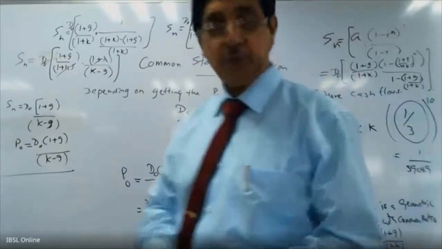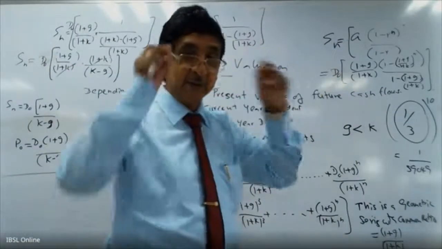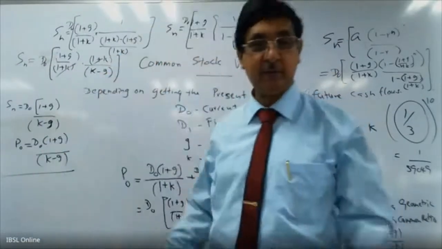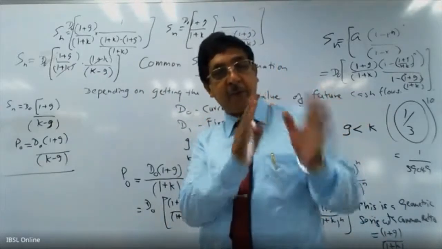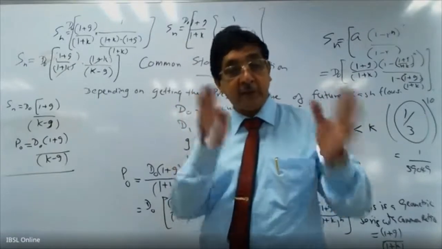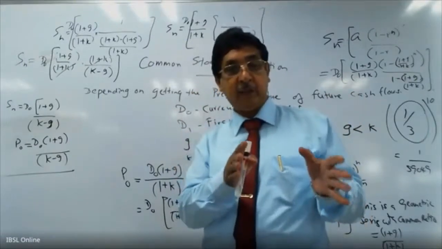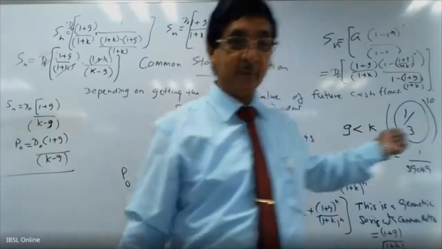Now if you find these things confusing, don't think about it, right? Don't think about it, because I have given it for the benefit of people who want to have an insight into these calculations. Those people will get a certain benefit from this.